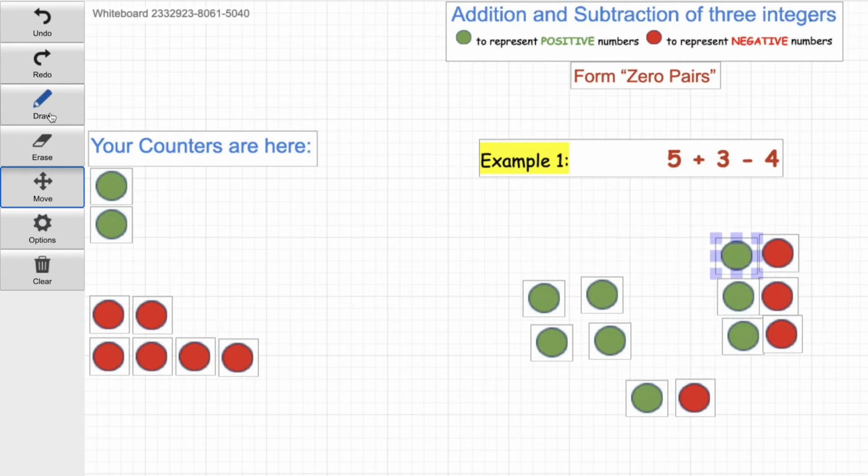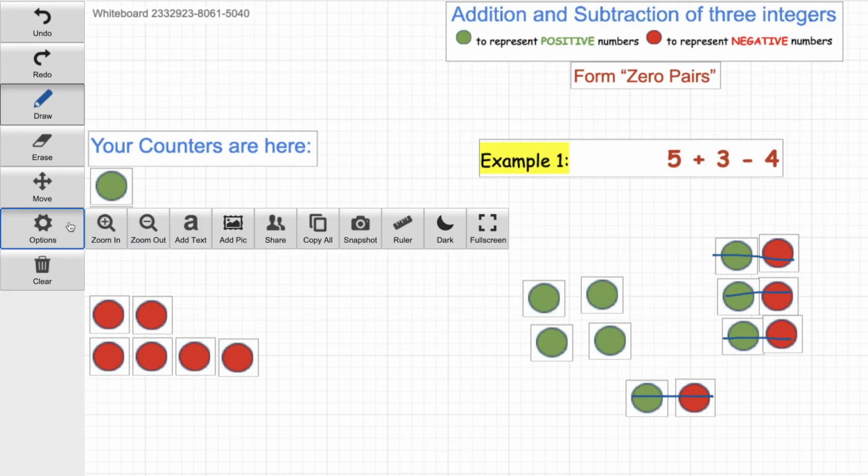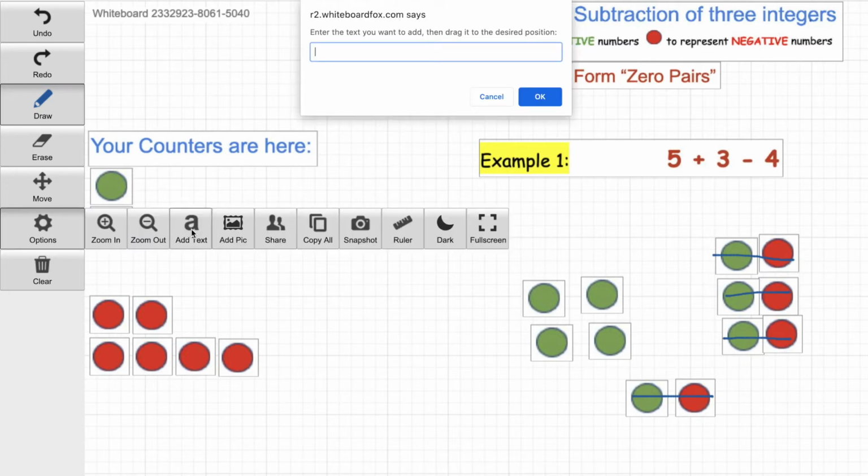After we pair one green with one red, we can eliminate it because one green will cancel one red. Now, what we are left with is our final answer, and here we can see that we are left with 4 green counters. So therefore, our final answer is what? Very good. Our final answer is positive 4.